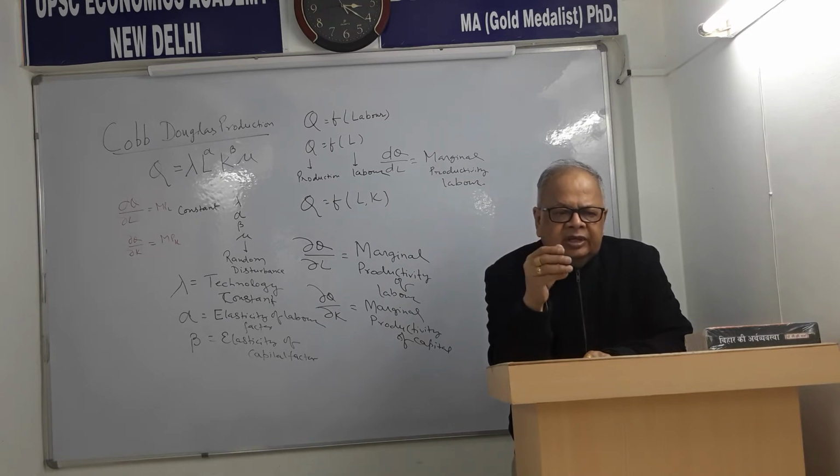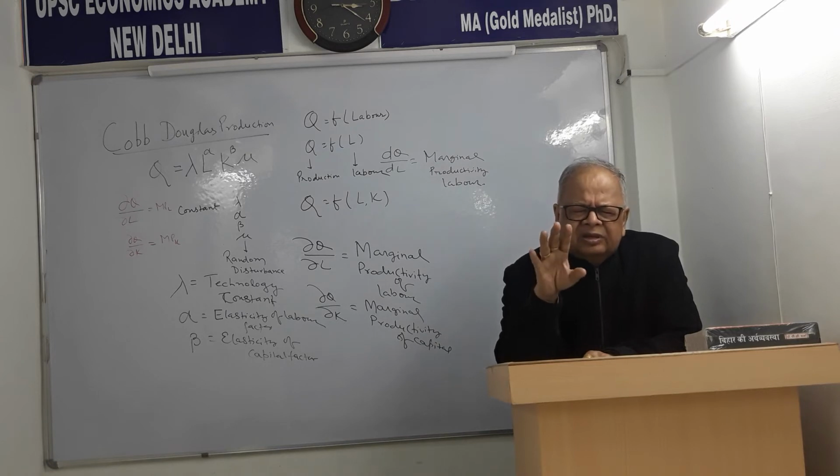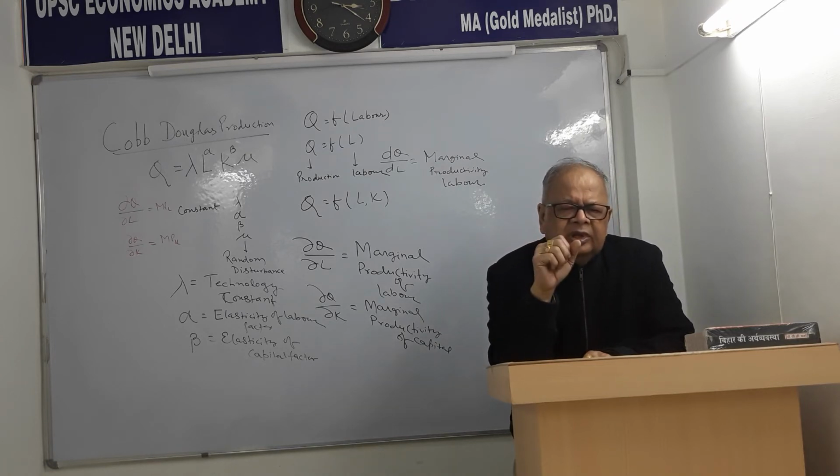It tells us that if labor is increased by 10%, production will increase by less than 10%. What is diminishing returns? Labor is increased by 10%, and production increases by less than 10%.